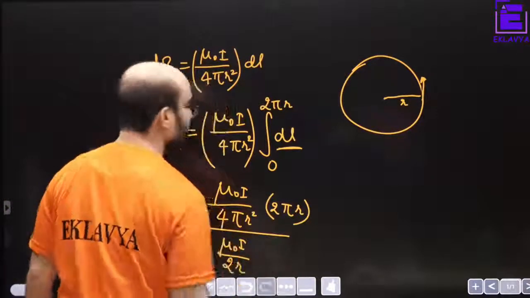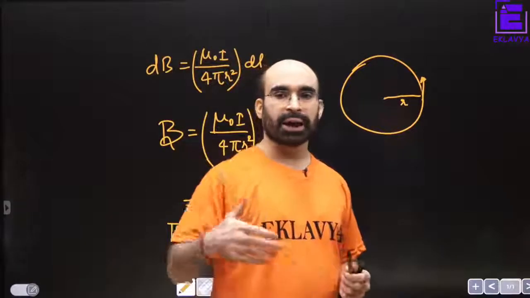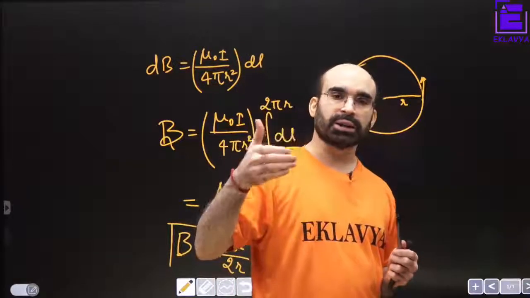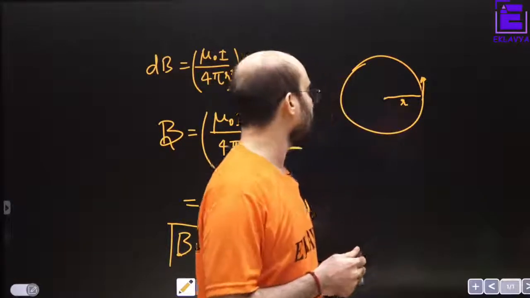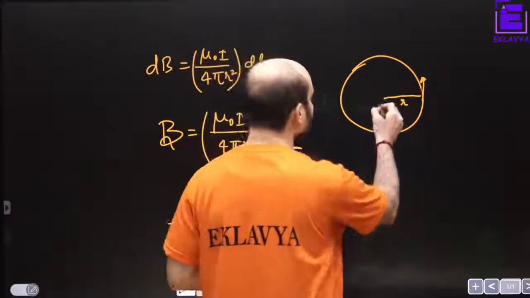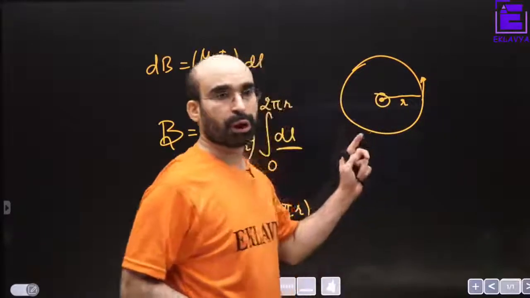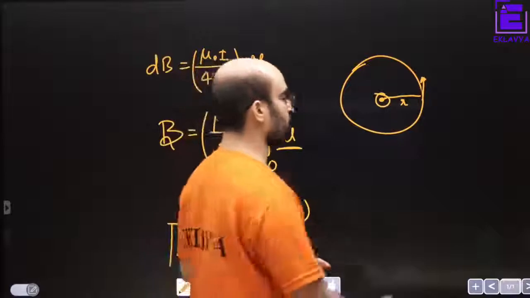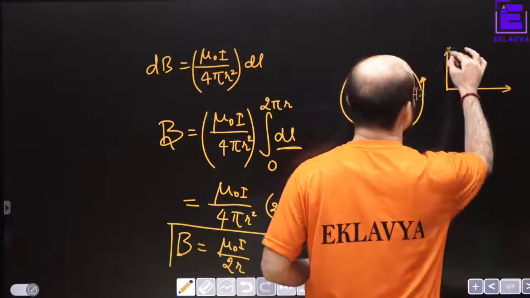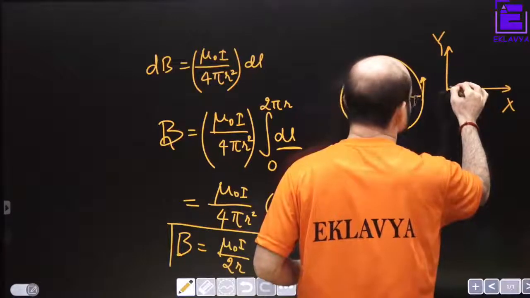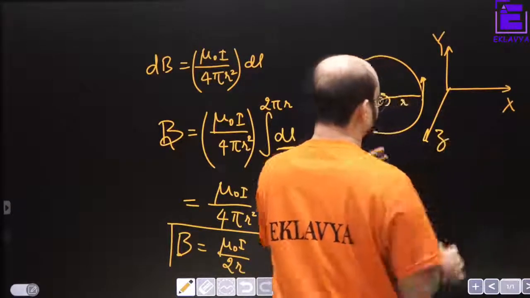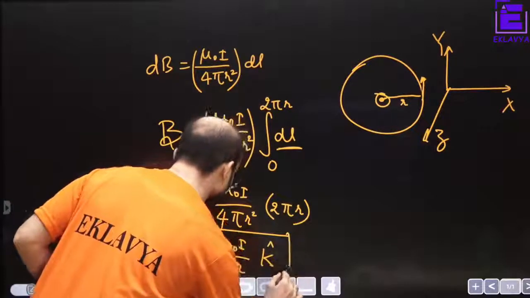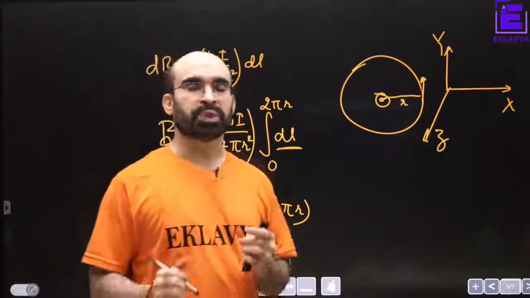Now one thing that we need to understand is that if current is anti-clockwise, we are aware of this fact, then what is going to be the direction of magnetic field? It is going to be outward, right? Or if you consider this board to be along the xy plane, this is x, this is y, so the z-axis will be perpendicular to this, so we may put it in vector form like this.